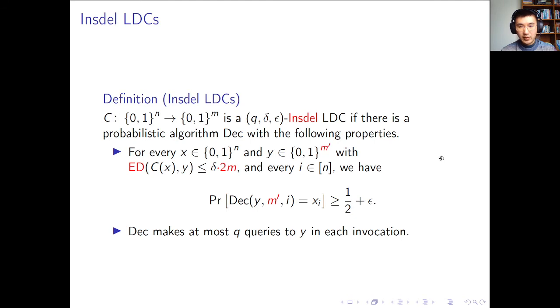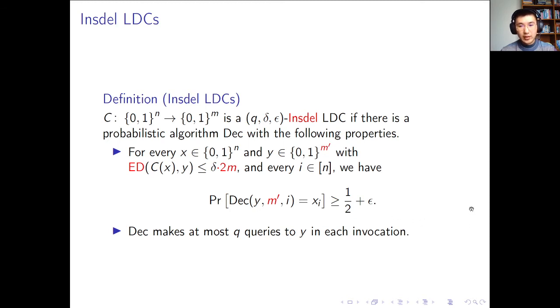This is because both insertions and deletions can potentially change the length of a string. And also here we give the length of the received string as an input to the decoder. We choose to do that because we're proving lower bounds for such codes, and giving this extra information to the decoder only makes our lower bound results stronger.